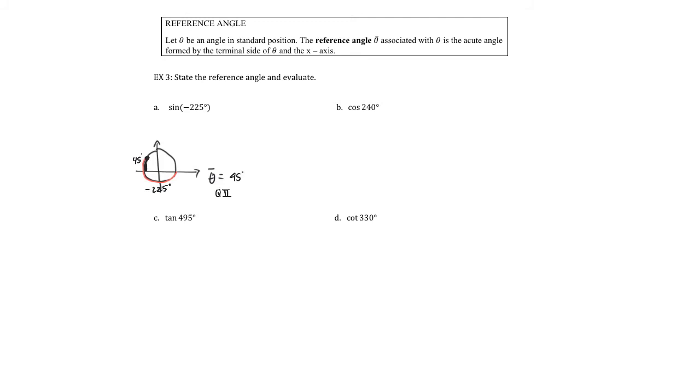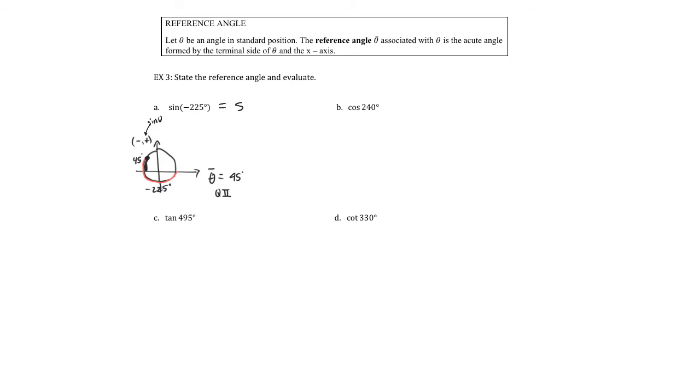Okay, so quadrant 2 has a negative x, a positive y. Okay, and sine is the y, so sine theta needs to be positive.